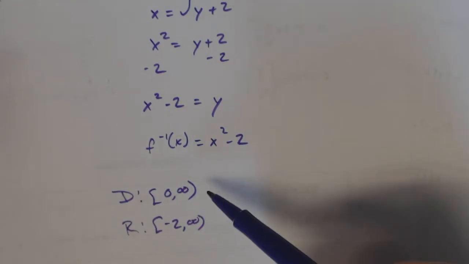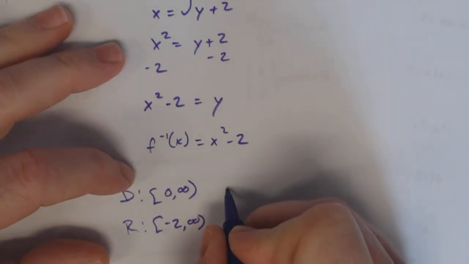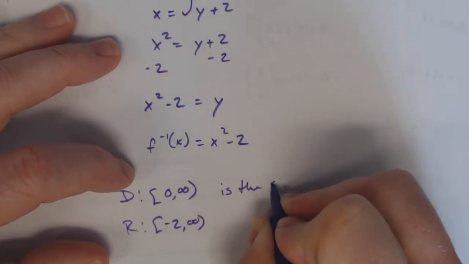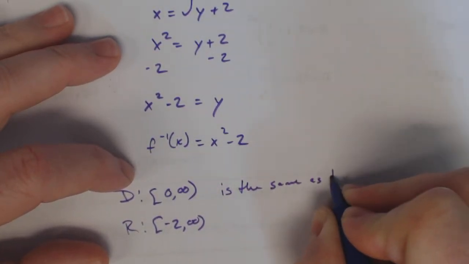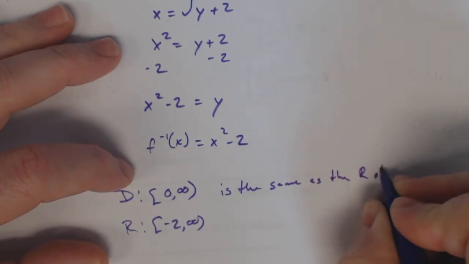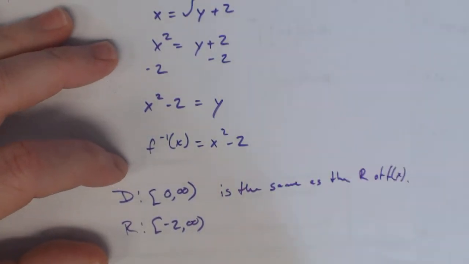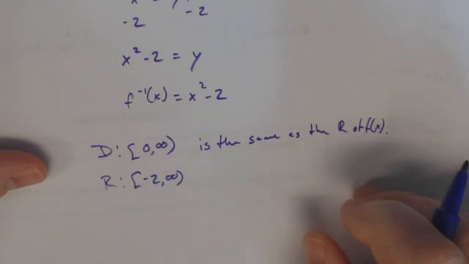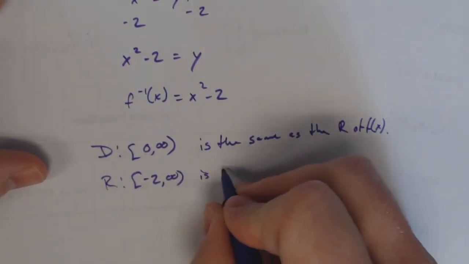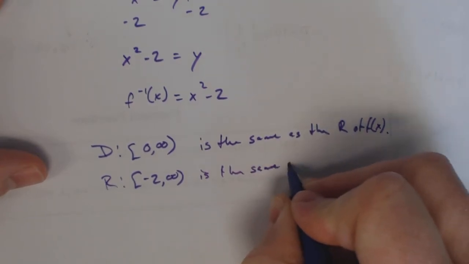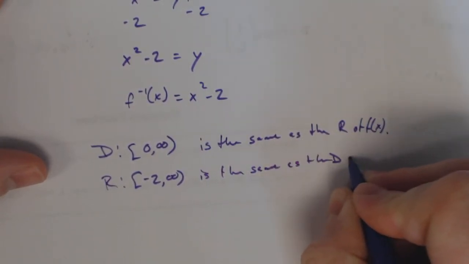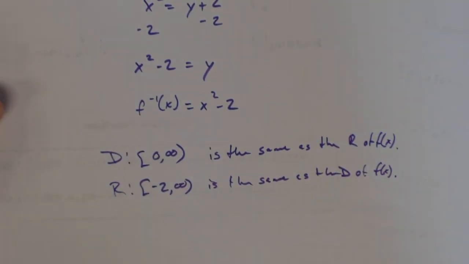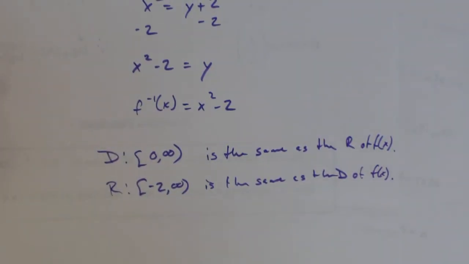The domain of the inverse is the same as the range of the original function. And the range is the same as the domain of the original function. There's how we find the domain and range of the inverse function.